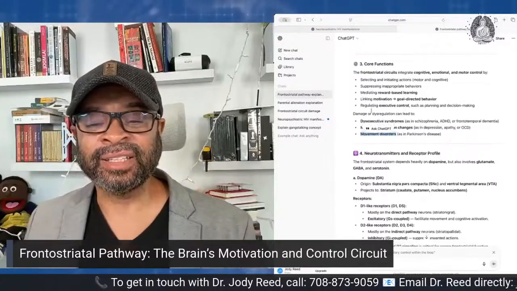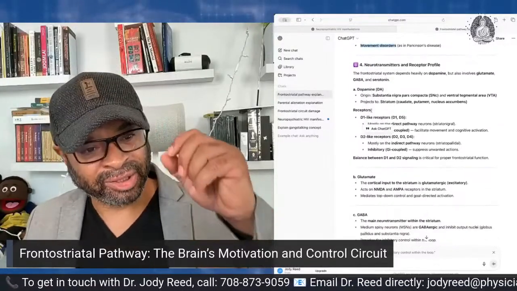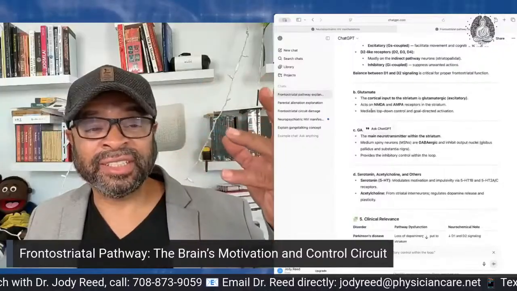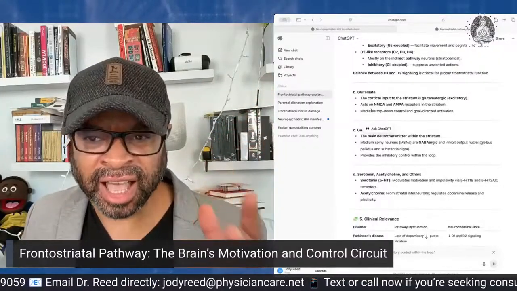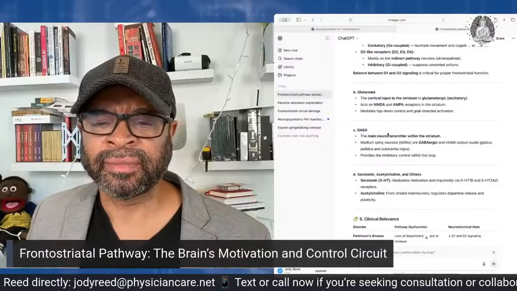Because when it hits those switches and you start having all these difficulties because it's a malfunctioning frontostriatal circuit, the consequences can be very severe, right?